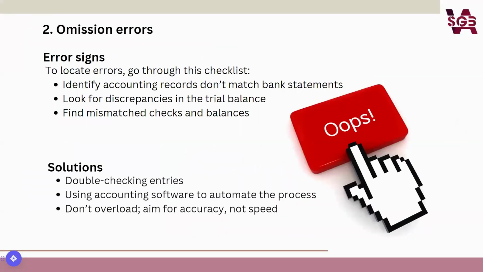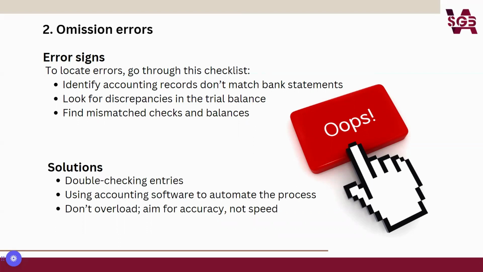The second error is omission errors. When we say omission errors, you omitted certain numbers. Let's say the amount is $3,600, but instead of $3,600, you put $360.